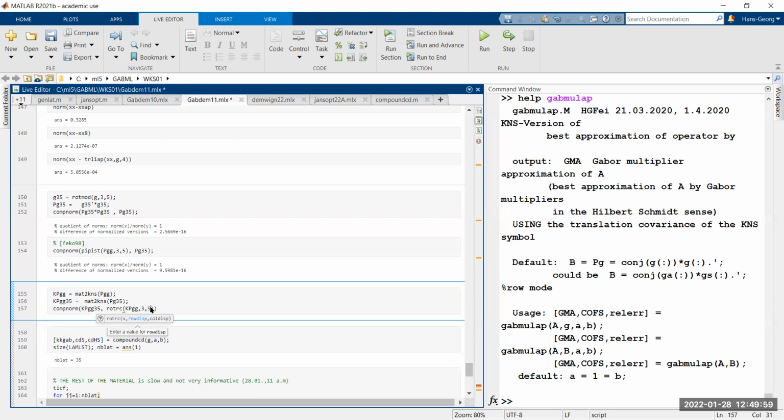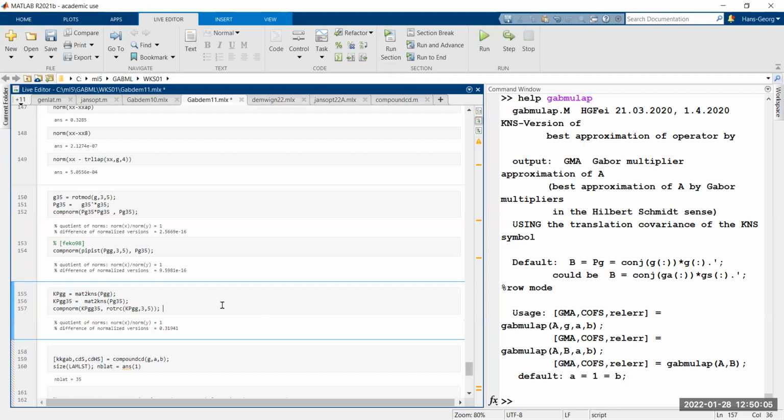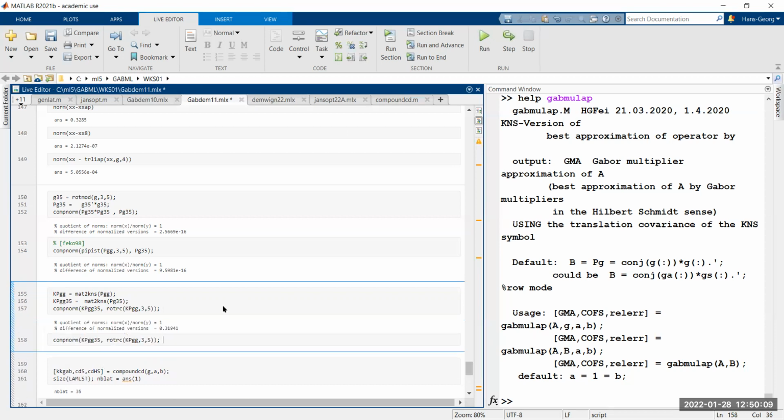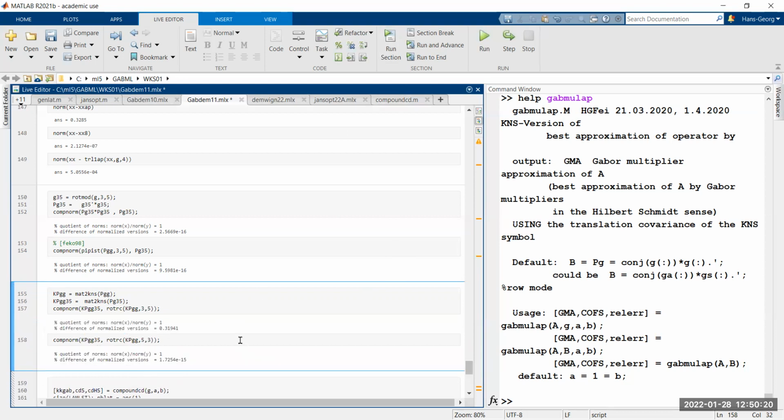So let's try to do it in this way. You see, I'm not remembering the details, but if it's not correct, I would just copy this line and try 5-3, and you see in this way it's working fine.